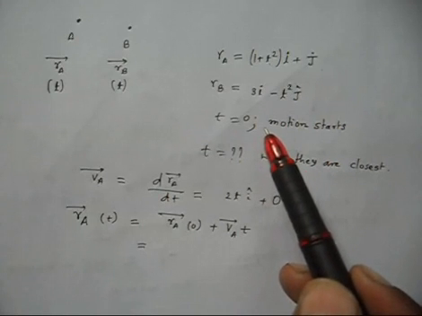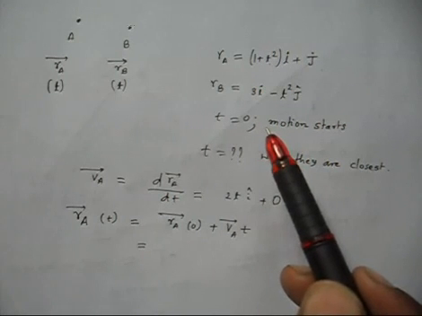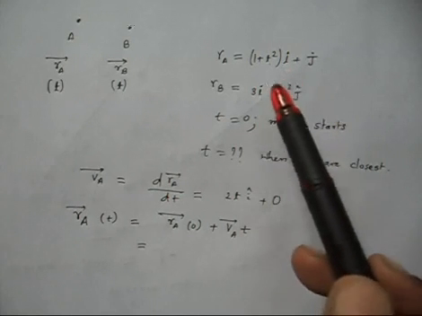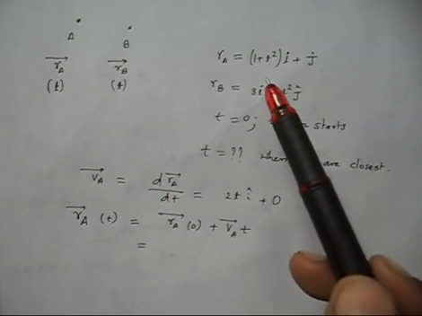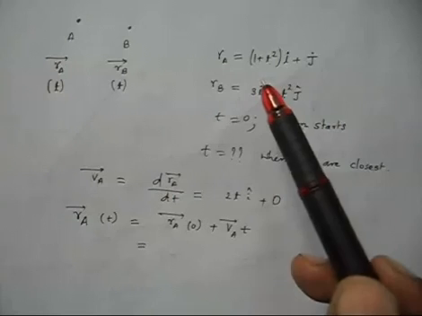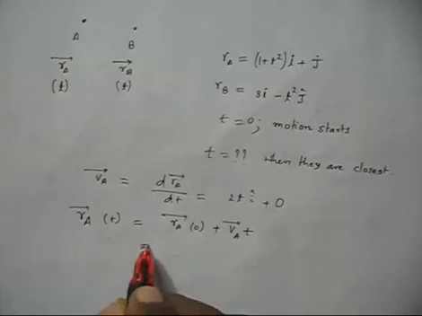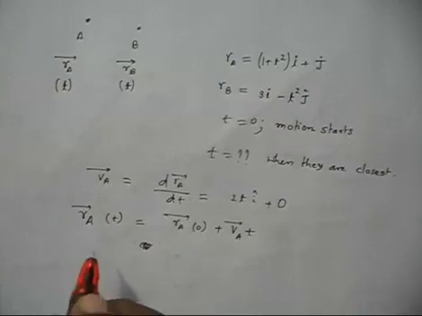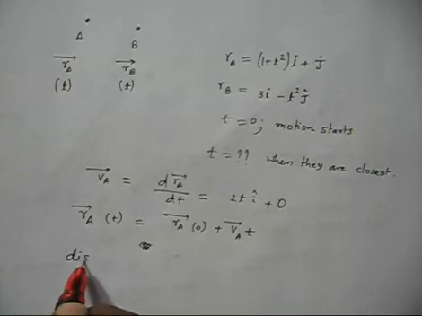So this means there is no need to find the velocity, because if I know the radius vector at time t, I can find the distance between the two simply. So there is no need to find out the velocity. The distance between these two particles can be directly calculated.